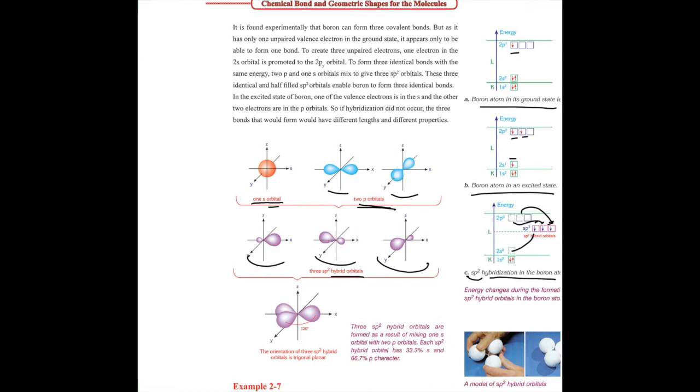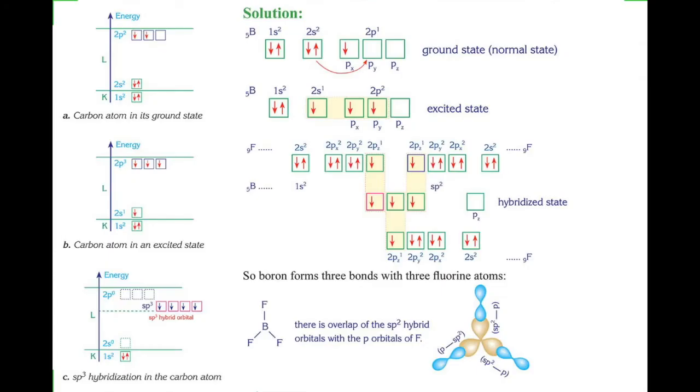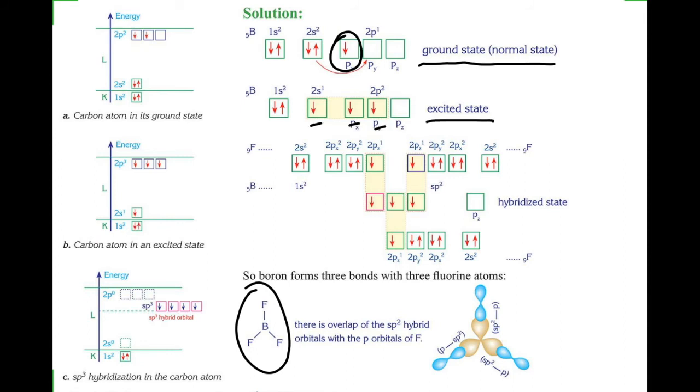So we can see three new orbitals, one from s and two from p, and they are sp2 hybrid orbitals. If we look at the example, we can see the formation of boron trifluoride. In the ground state of boron, we see just one unpaired electron, but in the excited state, we see three unpaired electrons in the boron orbitals.